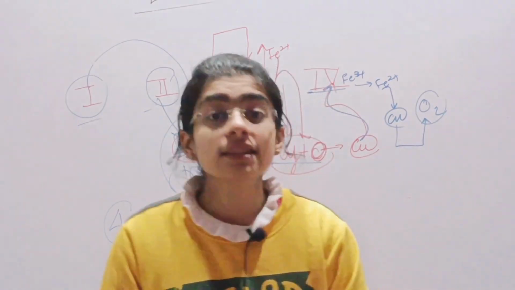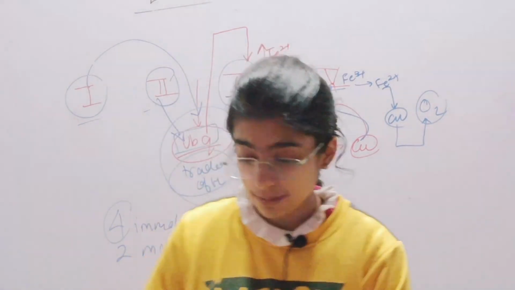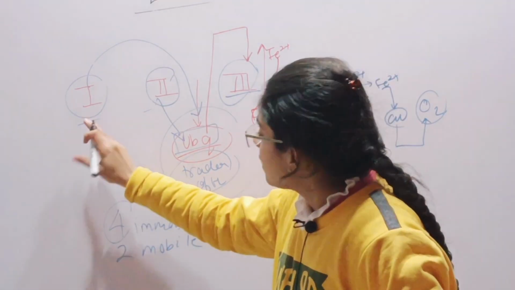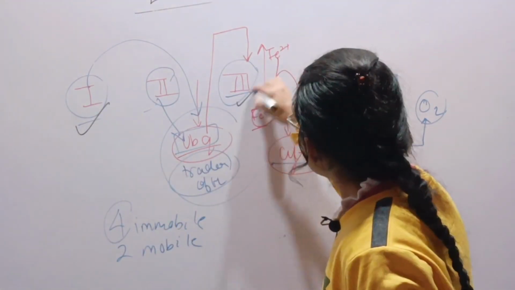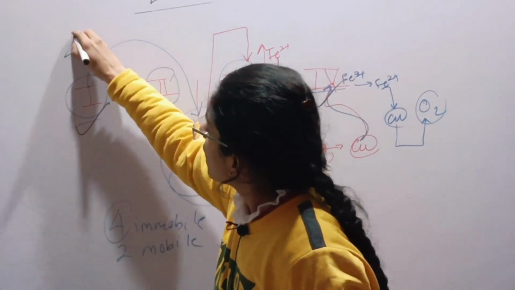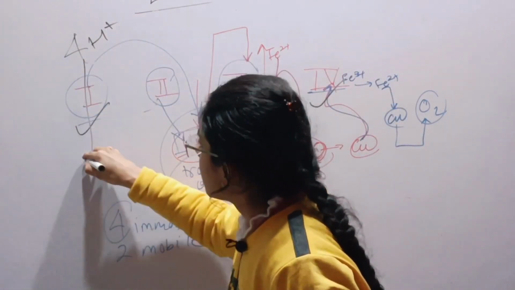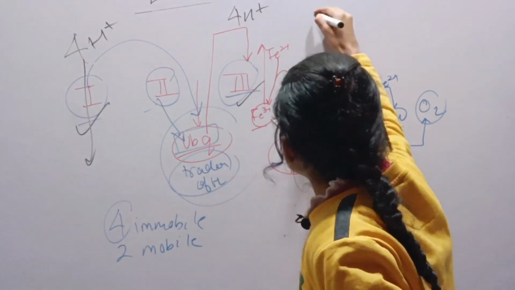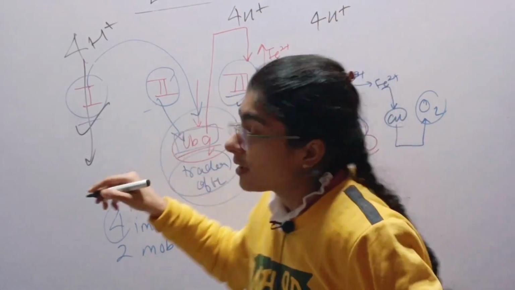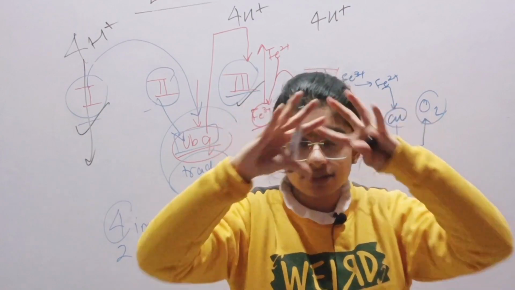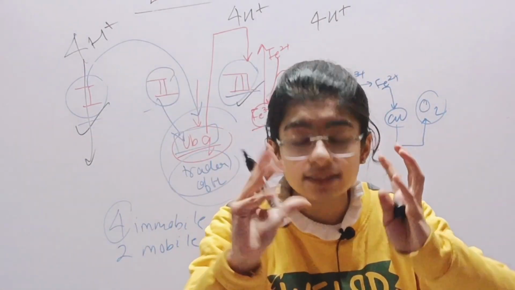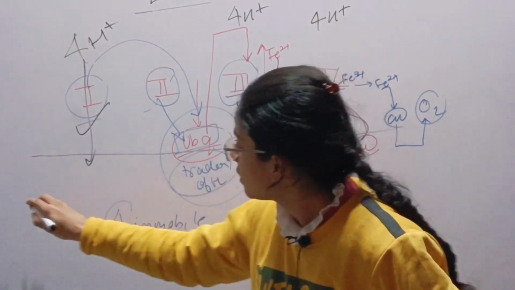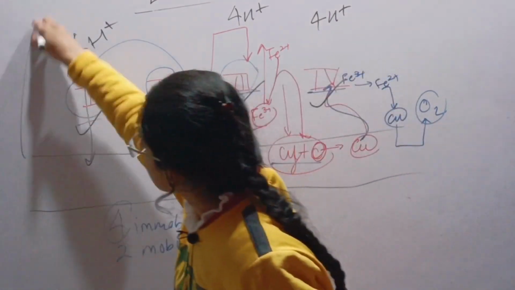But during this chain, what is the main point that has to be noted? In complexes 1, 3 and 4, hydrogens during one electron transport chain are being transported from the mitochondrial matrix to the intermembrane space. This is the intermembrane space and this is the matrix.